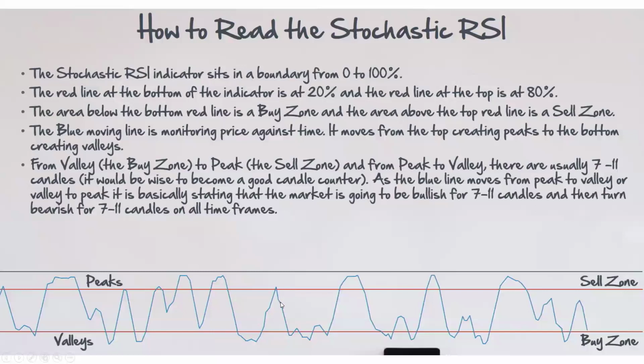Now, the stochastic is an indicator that is very effective in a rangy market, not for a trendy market. Because when the market is trending, this stochastic, you see, it can come here and remain overbought. You will not know where it's going to break the red line. It can stay overbought for a long time. It can stay oversold for a long time.